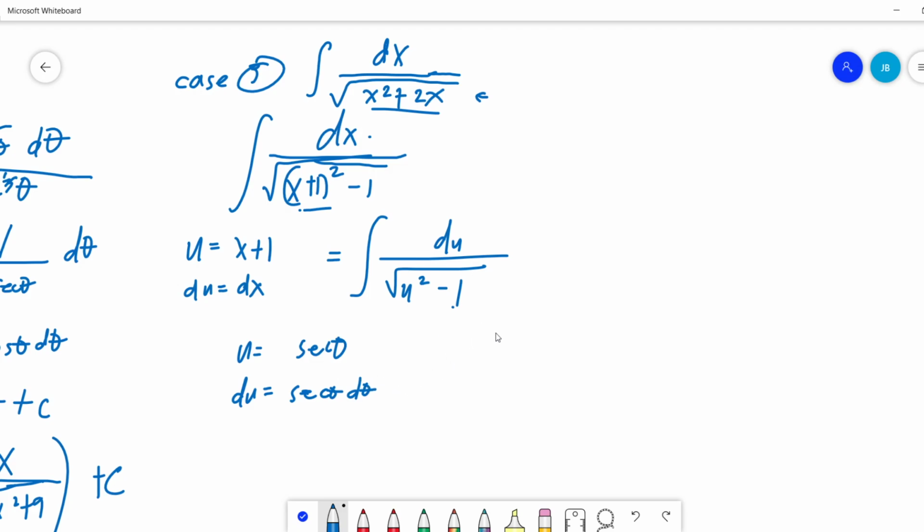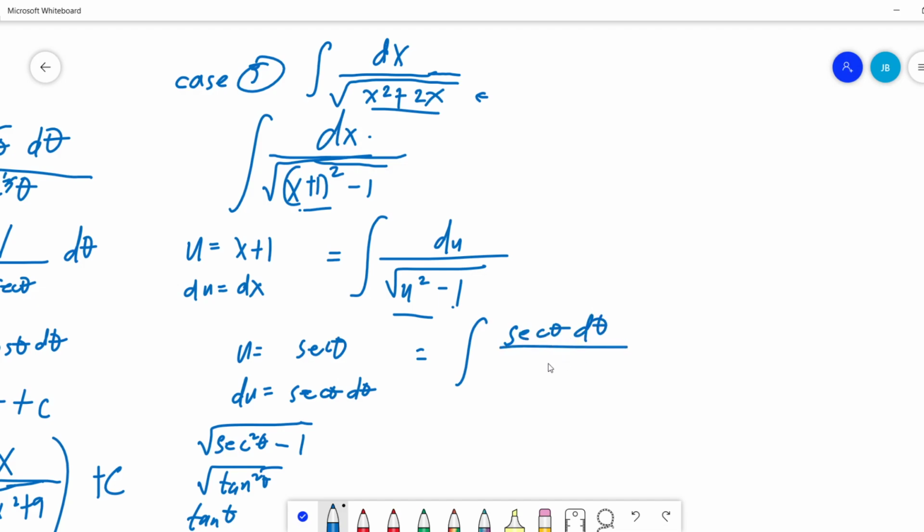Therefore, let's simplify this one first. u squared minus 1. So u squared is secant squared theta, so that would be secant squared theta minus 1. Remember the identity secant squared theta minus 1 is tan squared theta. Then the square root of tan squared theta is tan theta. So that would be du, which is secant theta d theta all over tan theta.